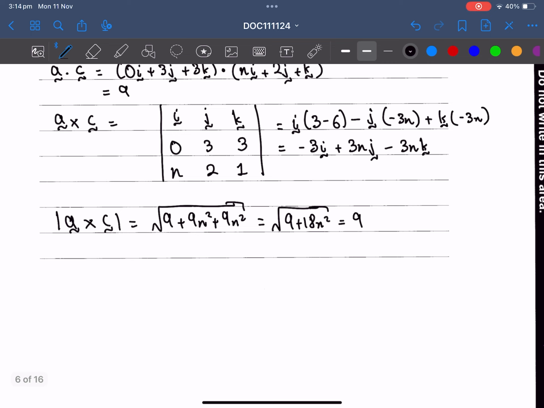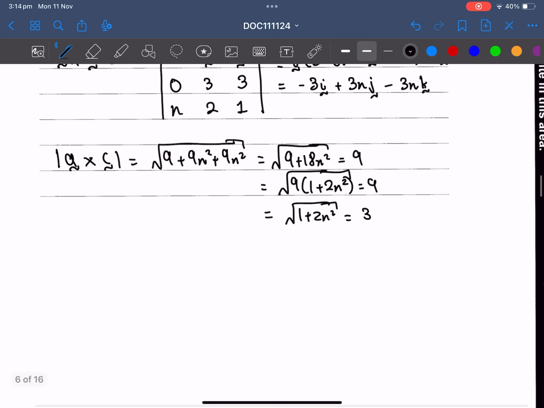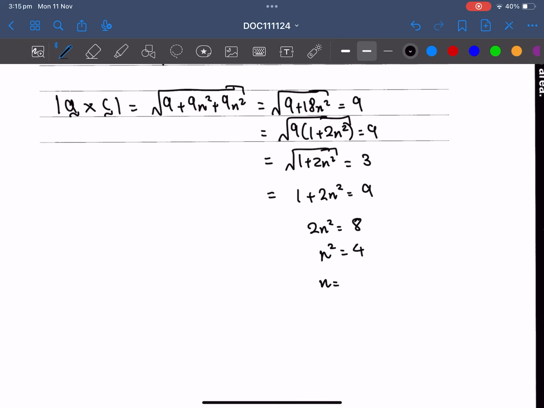So you can simplify the inside: 9 times (1 plus 2n squared) equals 9, so we'll get 1 plus 2n squared equals 9 divided by 3, so 3. So 1 plus 2n squared equals 9, 2n squared equals 8, n squared equals 4, so n is going to be 2 and n is going to be minus 2.